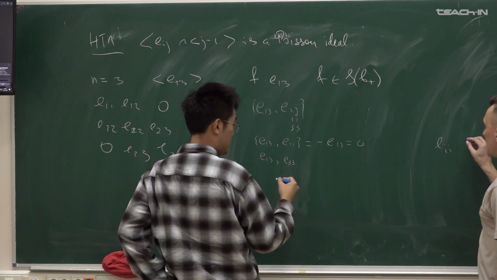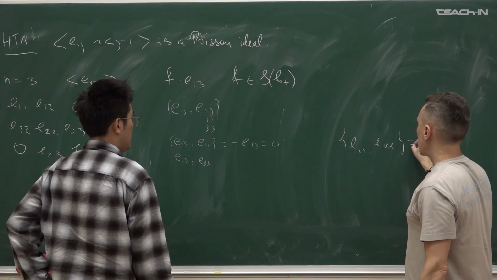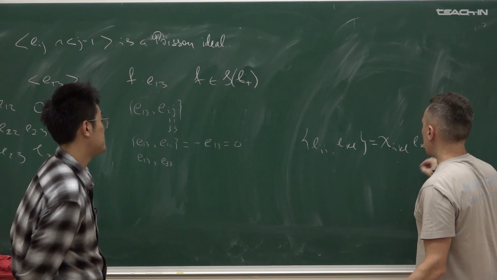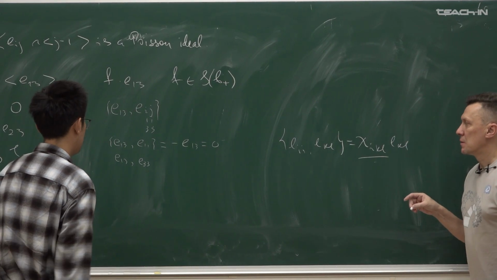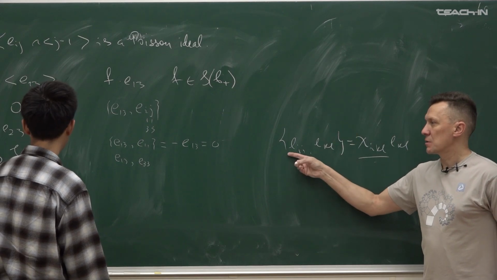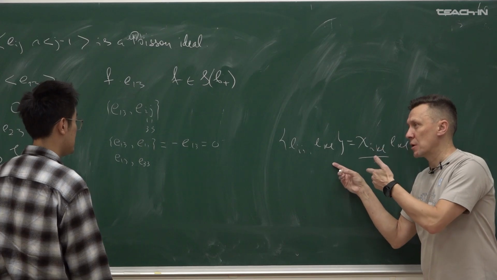E_{ii} commutator with E_{kl} is always something times E_{kl} with a constant. So this vector is always an eigenvector for the adjoint action of the Cartan element. It's an adjoint action of the Lie algebra.